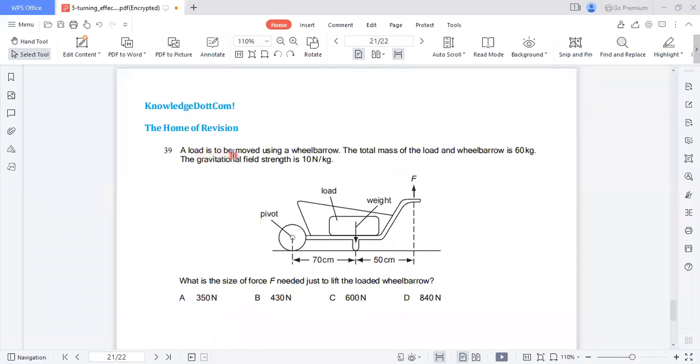Now number 39. A load is to be moved using a wheelbarrow. Here is a load acting in this direction.